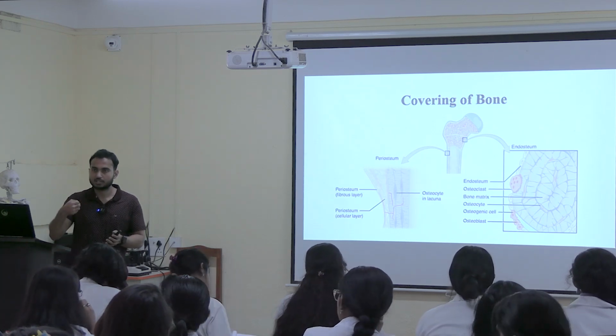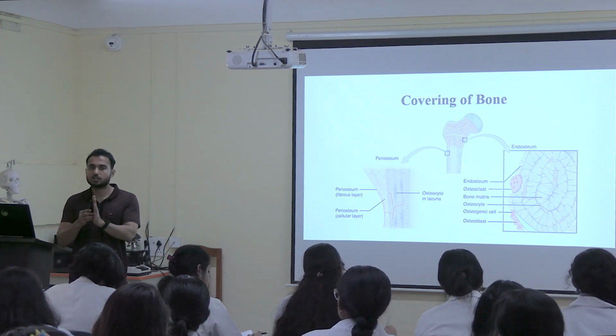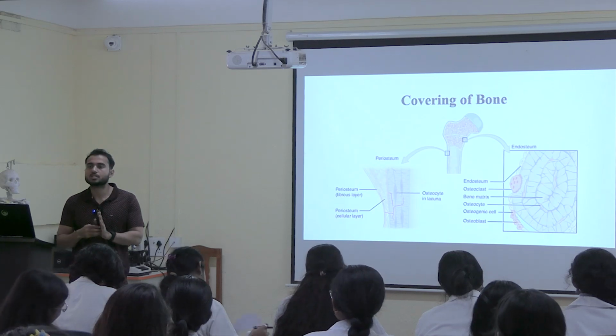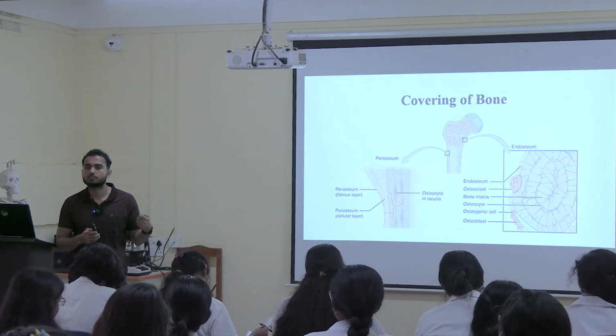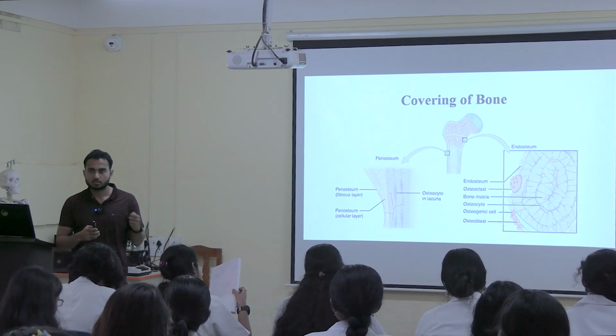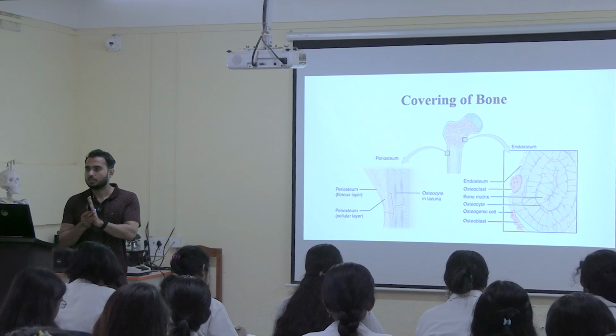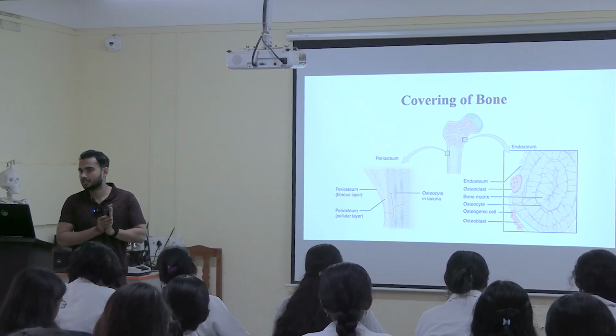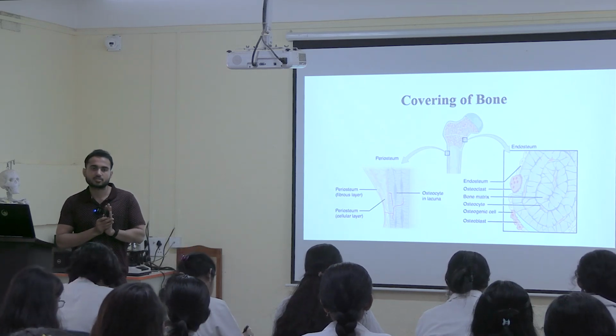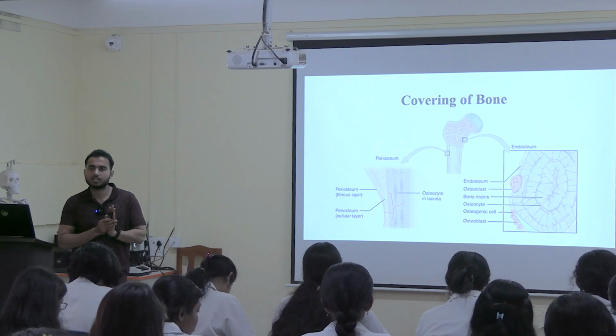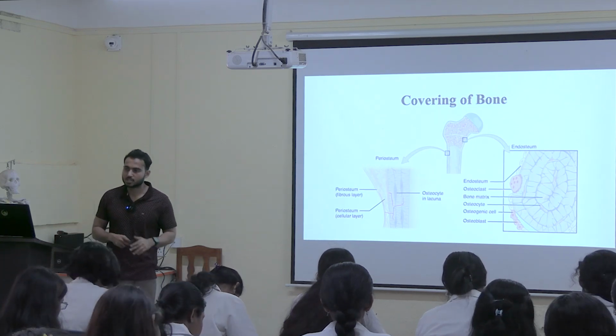It will anchor the periosteum to the compact bone. Or else what will happen? The periosteum can come out from the bone. So something must be there which will hold the periosteum to the compact bone. For that, a special type of collagen fibers are there, and these are called fibers of Sharpey, or Sharpey's fibers.